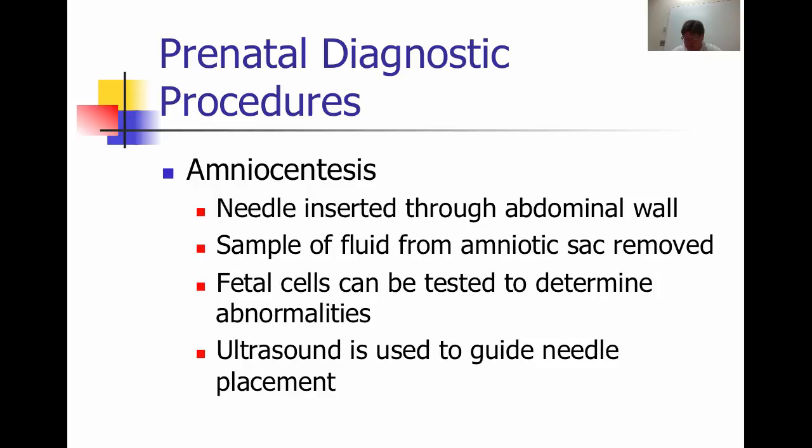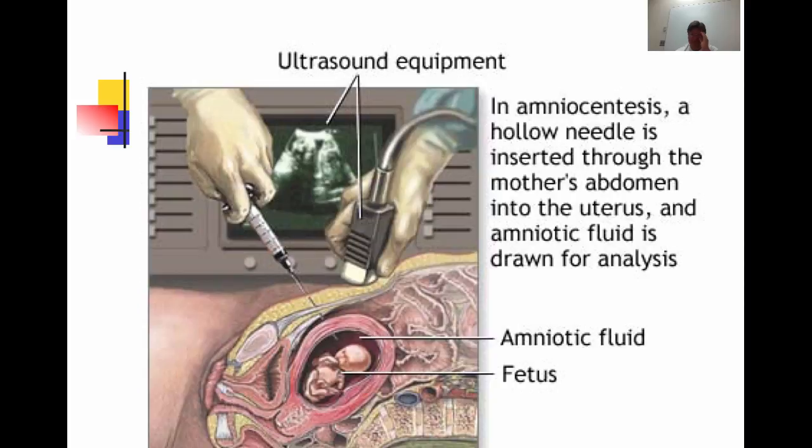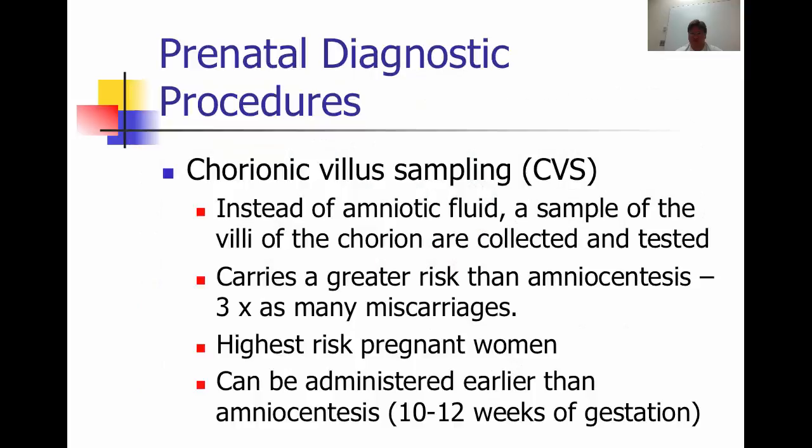The process takes about 20 minutes and can detect numerous chromosomal abnormalities such as Down syndrome, the gender of the baby, and neural tube defects such as spina bifida, with a high degree, 99%, of accuracy. Here you can see the ultrasound equipment being used to guide the needle. It's inserted through the abdomen into the area where the amniotic fluid is drawn for analysis. So hopefully that needle is not coming into contact with the fetus.